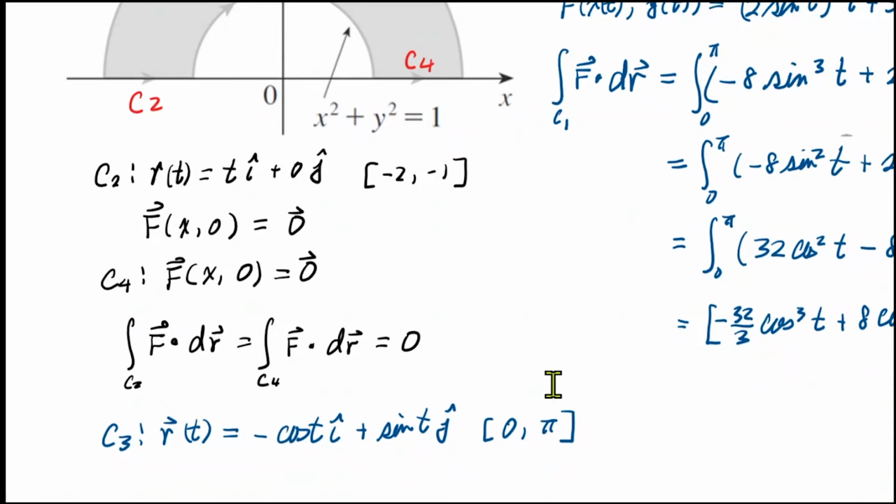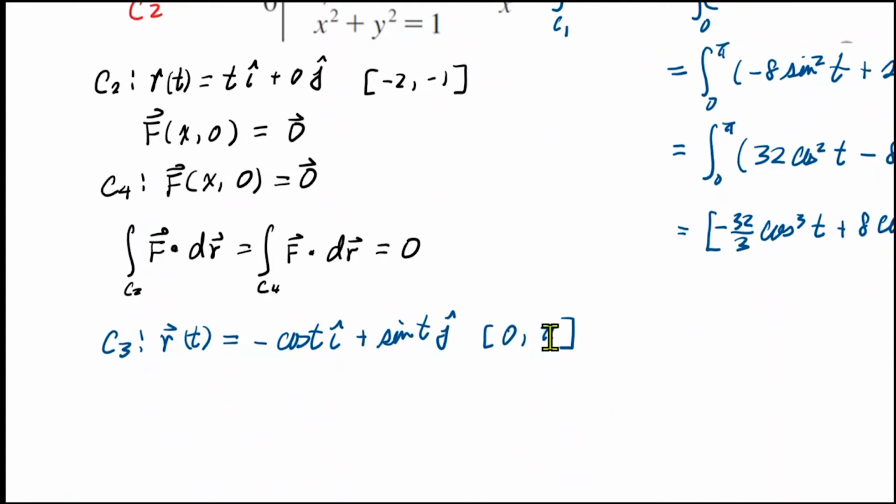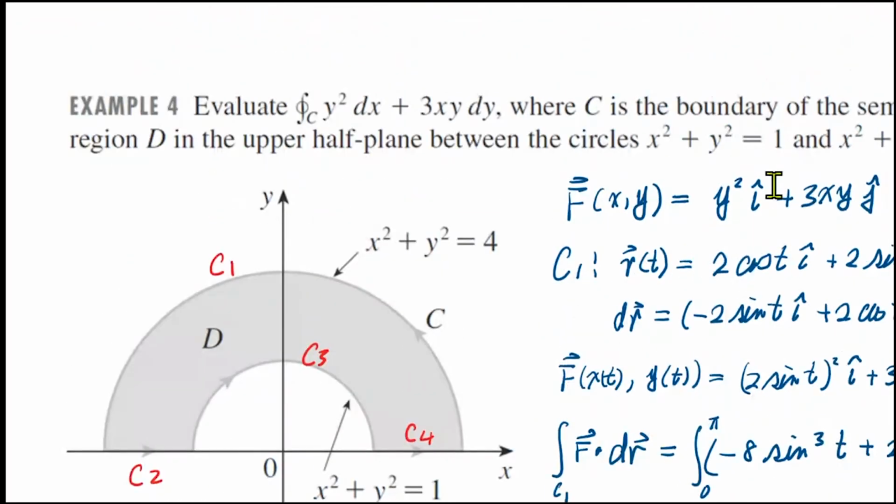Okay, now we have to figure out f, right? Our f at x of t, y of t. Let's go back and take a look at f. F looks like this: y squared, 3xy.